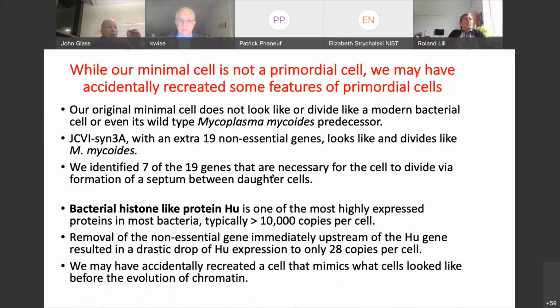When we removed the non-essential gene immediately upstream of the HU gene, we saw a drastic drop in HU expression to only 28 copies per cell. So I think we may have accidentally recreated a cell that mimics what cells looked like before the evolution of chromatin. This could be another rich area to explore how cells work.